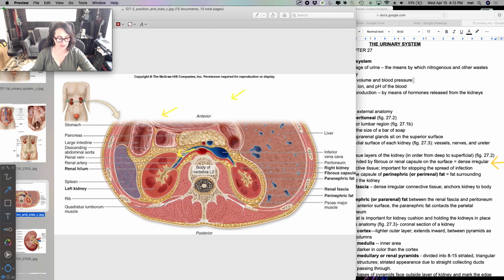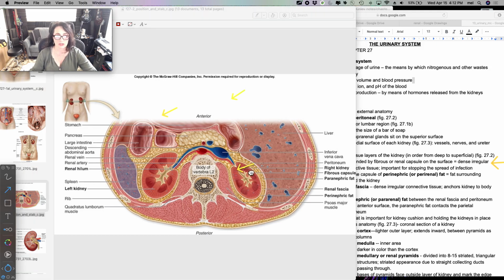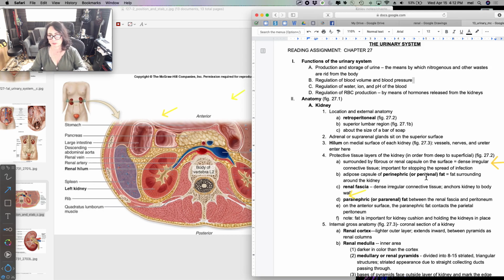So here's the renal capsule or the fibrous capsule, and then see this next most superficial layer of fat right there. That layer of fat, the closest one, is the perinephric fat, the fat that is around the kidney. That is also sometimes called the perirenal fat. That's immediately closest to the kidney.